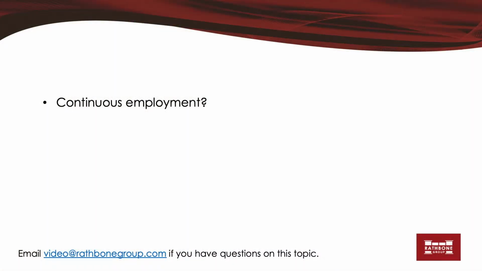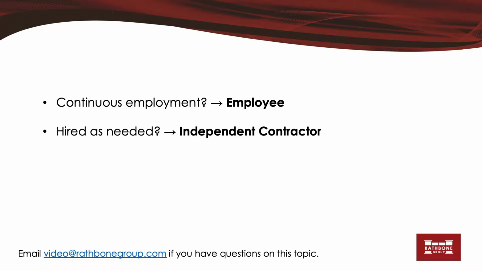The first thing to analyze is the overall relationship between the employer and the independent contractor. For example, if their relationship is a continuous one, that would indicate more of an employer-employee relationship. If the contractor is hired on an as-needed basis, that would indicate more of an independent contractor relationship.